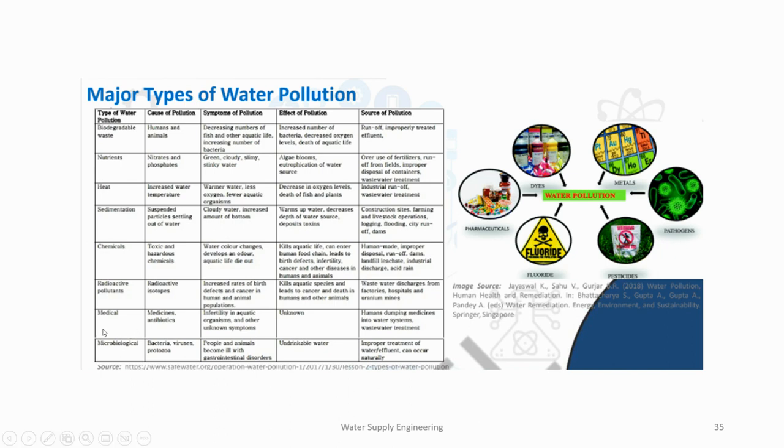Then we have the medical type of pollution caused by medicines and antibiotics. This will cause infertility in aquatic organisms and other symptoms may happen. This is again a human made pollution wherein humans dump medicines into the water system, or improper effluent discharge from hospitals, medicine manufacturing units, etc. Last, we have microbiological pollution due to bacteria, virus, and protozoa.